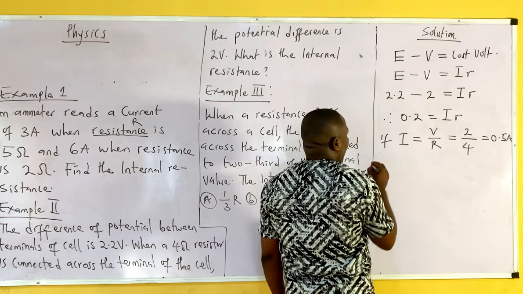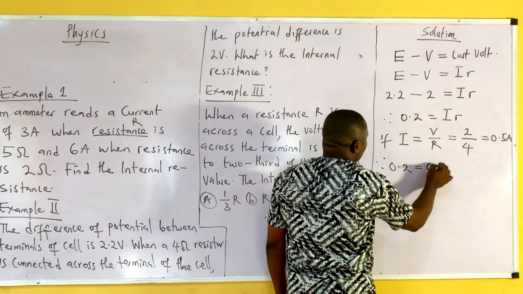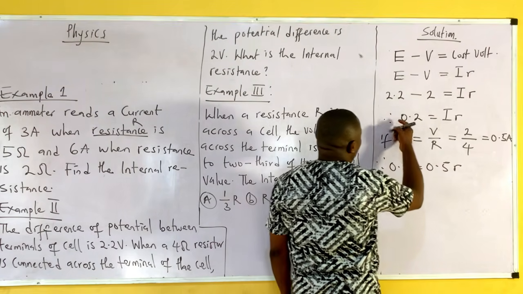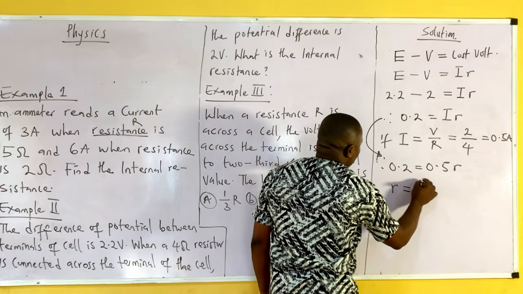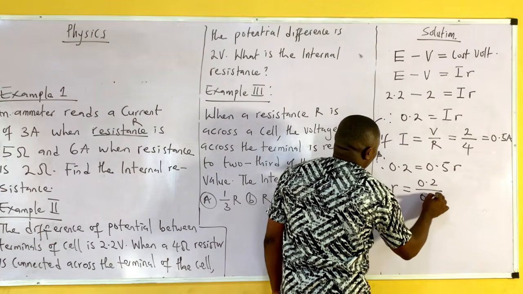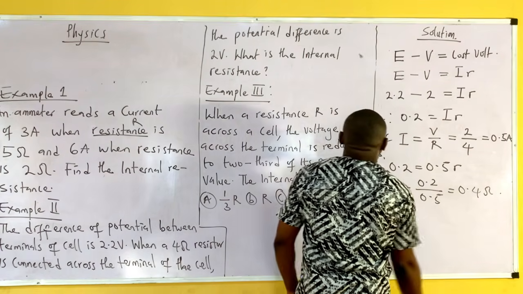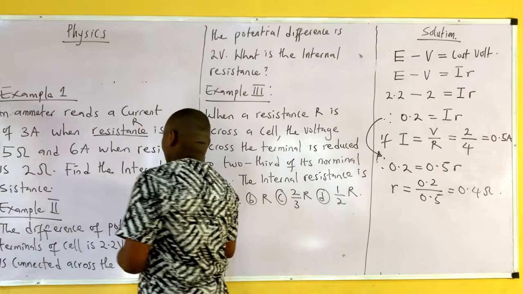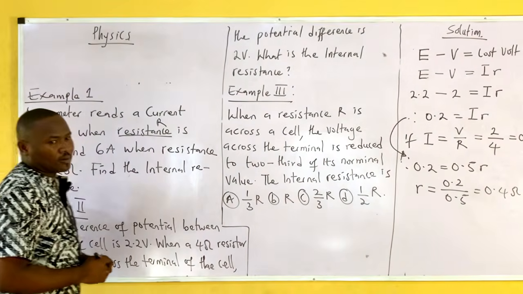So now I have my current. So therefore, 0.2 is equal to 0.5 times r. Now, what is my internal resistance? 0.2 over 0.5. That becomes 0.4 ohms. So the answer to this number 2 is 0.4 ohms.